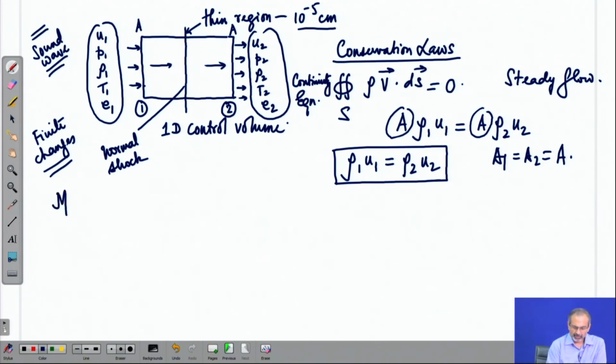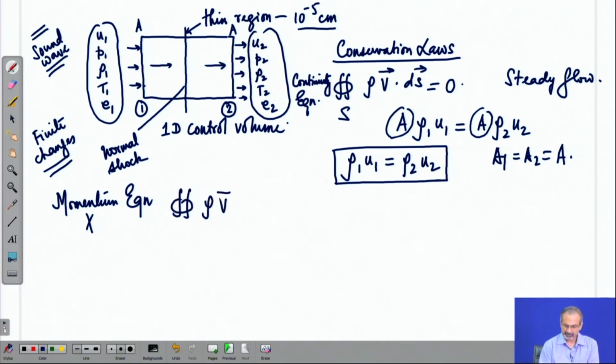What about the momentum equation? Since we are talking about a one dimensional flow, it is sufficient if we look at the x component of the momentum equation, and when we do that, the integral form of the equation will contain two terms on the two sides of the equation. This is the advection term, and we are going to have the pressure term on the other side of the equation.